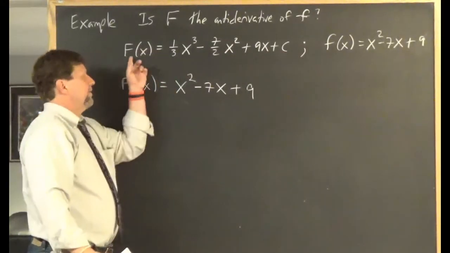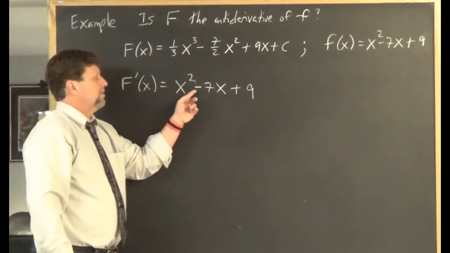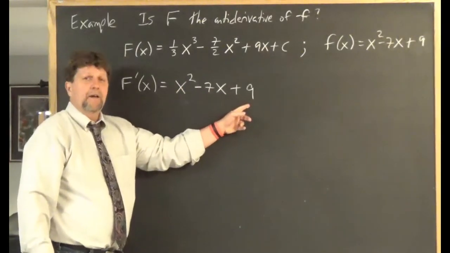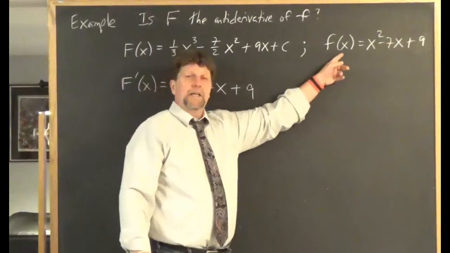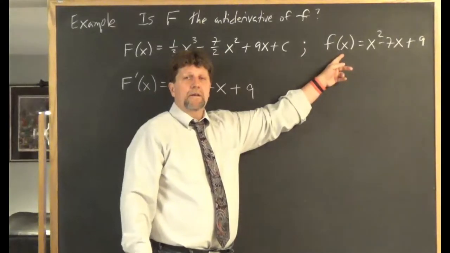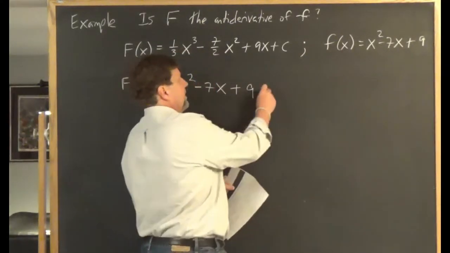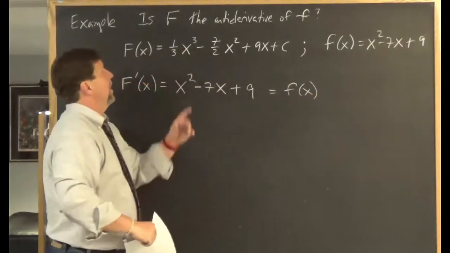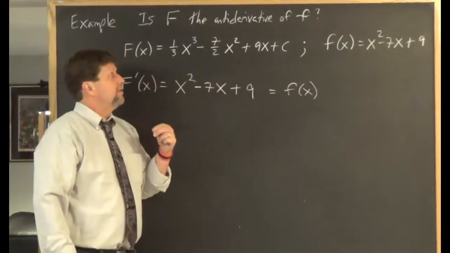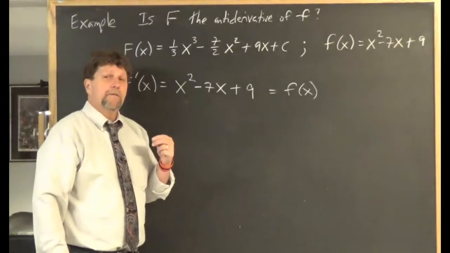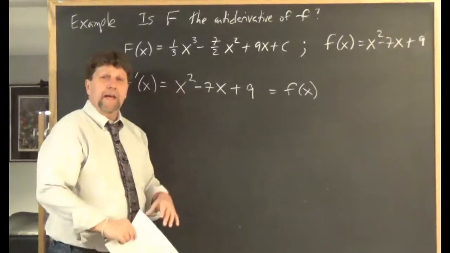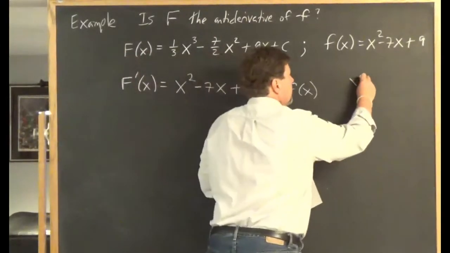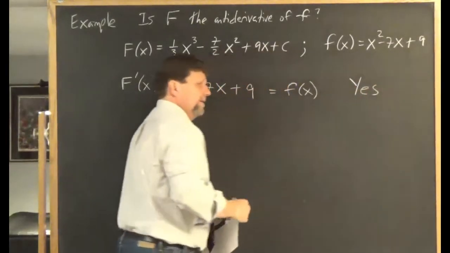So the derivative of big F of x is x squared minus 7x plus 9, which is exactly little f of x. So to answer the question, is big F the general antiderivative of little f? Well, the answer is yes.